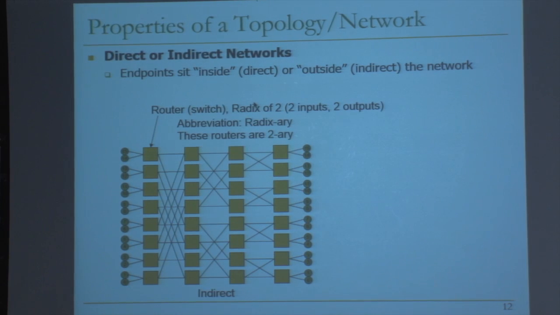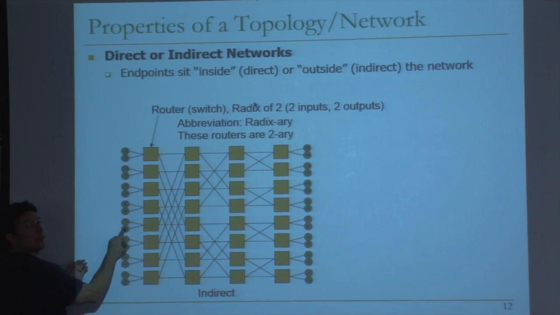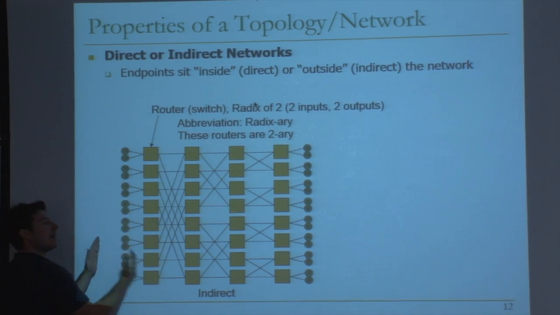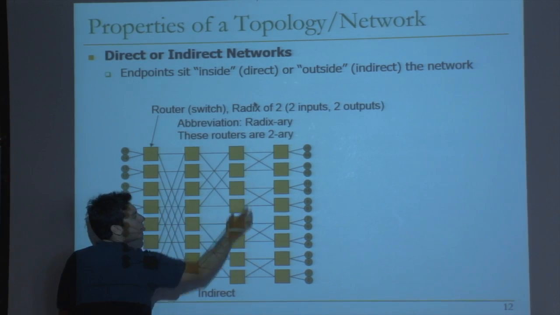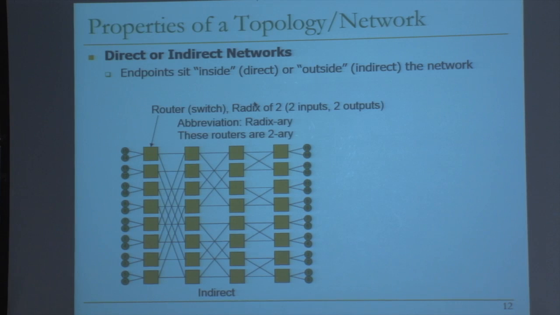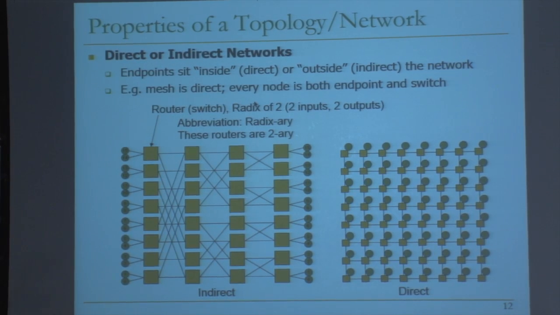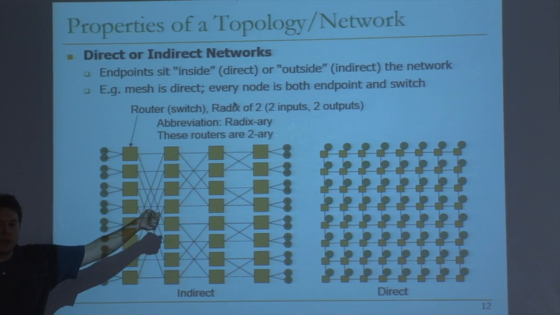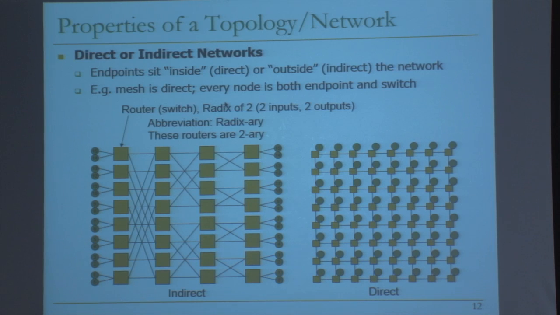So this is indirect because you have intermediate nodes in the network that don't have any endpoints attached to them. And the endpoint sits on the edge of the network. If I populated these routers as well with endpoints, then this would be a direct topology. And similarly, this is a direct topology because every router that you add, you also add an endpoint. So the endpoints and the network are mixed in the same area.